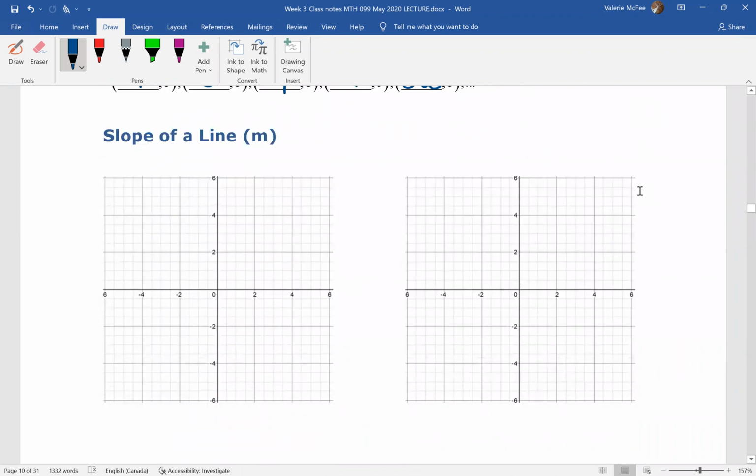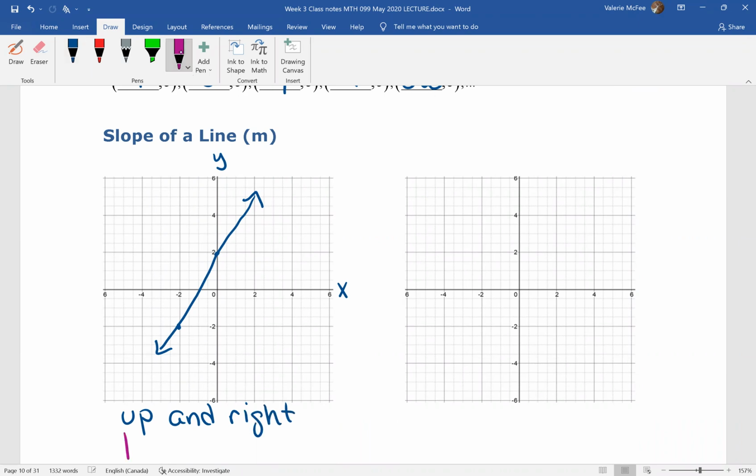Let's move on to talking about slope. Let's draw a line here. When I draw a line that is going up and to the right, we say that this has a positive slope.